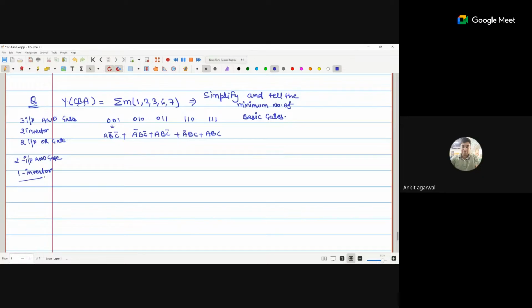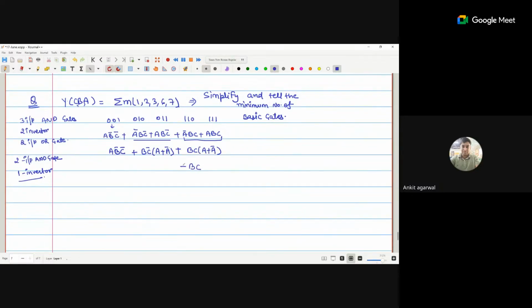Okay. Now, from these two terms, I am taking BC as a common. So remaining is A plus A bar. Plus, from these two terms I am taking B C bar as a common, A plus A bar, and the remaining term is A B bar C bar. Now A plus A bar is 1.